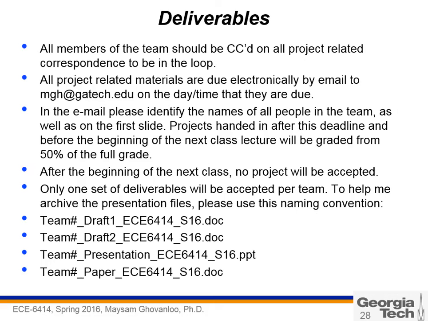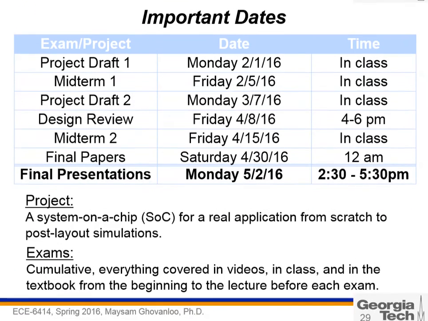Please note that I need to receive the deliverables electronically before the due date. After the due date, within 1 day or so, you will be graded out of 50%, and if you send the deliverable after the next class, it will not be accepted.